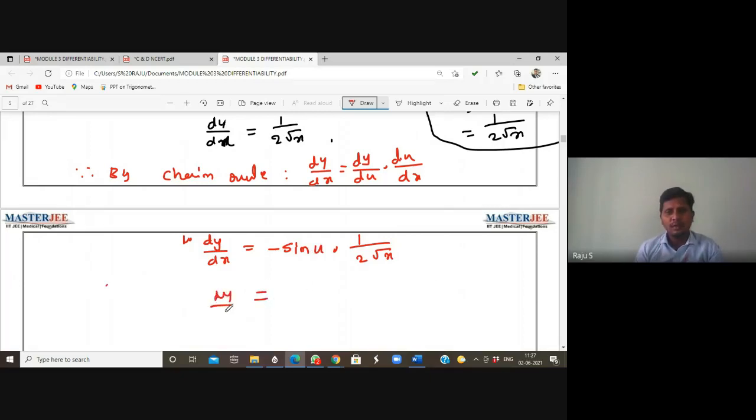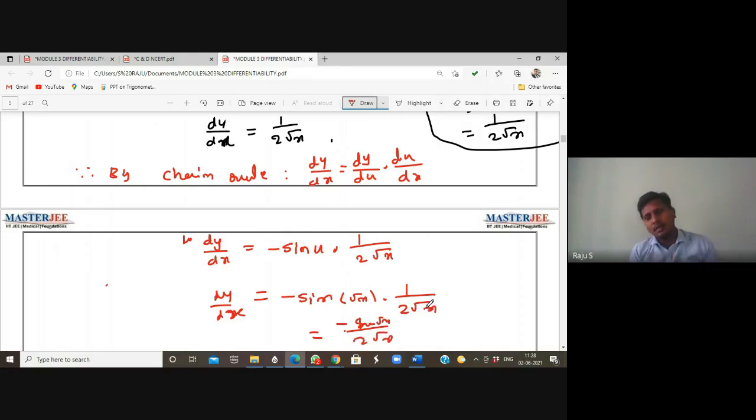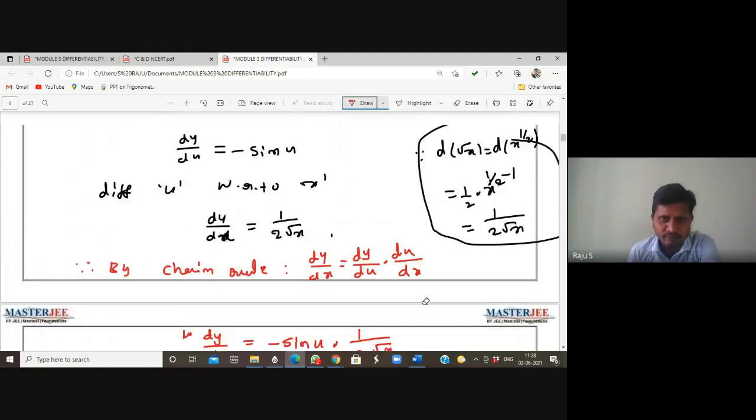So this is dy by dx, but here dy by dx involves the u variable. So replace the u value, which is root x, into 1 by 2 root x. This can also be written as minus sin root x by 2 root x, like this. Okay.